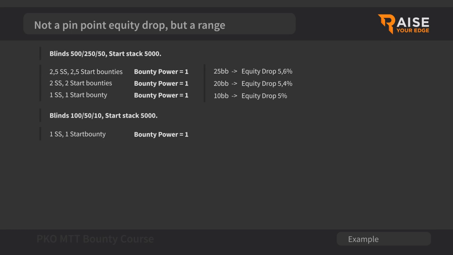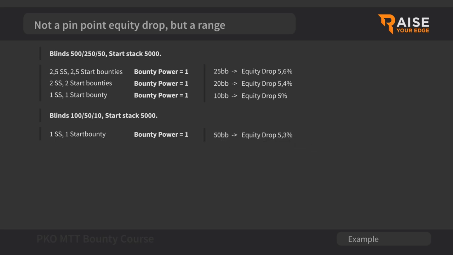So the bounty power is 1. In this case we are looking at a 50 big blind jam scenario. If we do the calculation again, we end up with an equity drop of 5.3%.